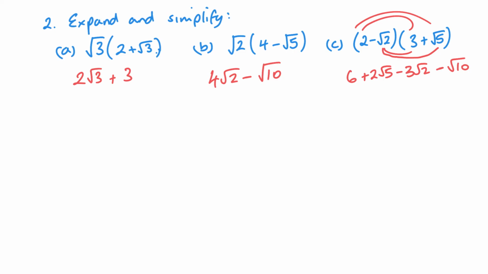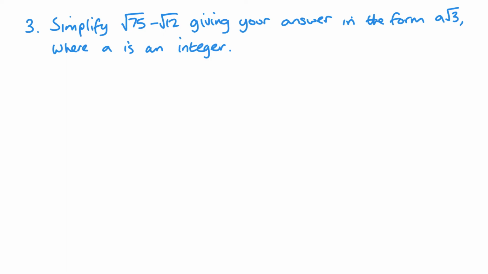There's not a lot I can do with this, as just like when you're dealing with letters, if the letters are different, you can't simplify them when you're adding or subtracting, and the same here with these surds. So the root 5, the root 2, the root 10, they're all different, so there's nothing more I can do there.